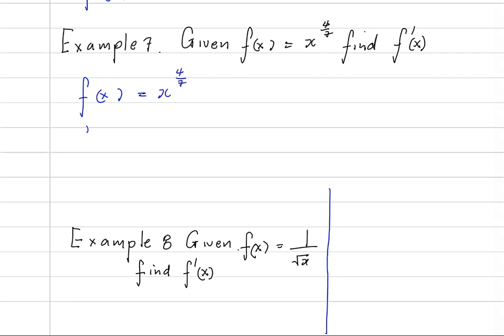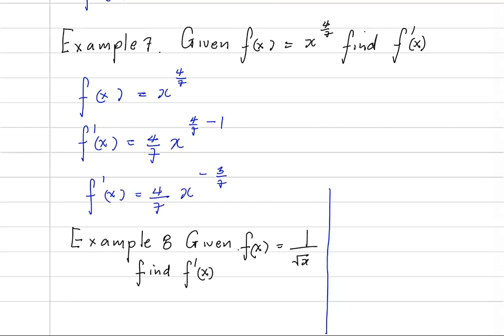Now, f prime of x, which is the first derivative, the power comes to the front, so we have 4 over 7x to the 4 over 7, and the power decreases by 1, you minus 1. So f prime of x is 4 over 7x to the minus 3 over 7. All right, if the signs are different, subtract and keep the sign of the larger number.